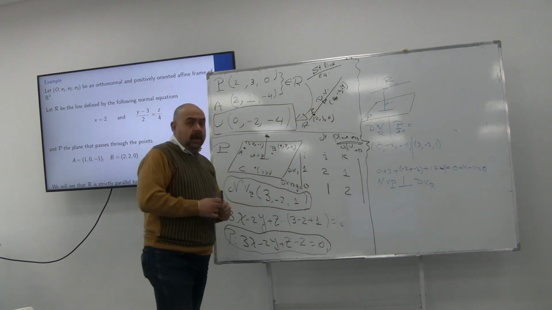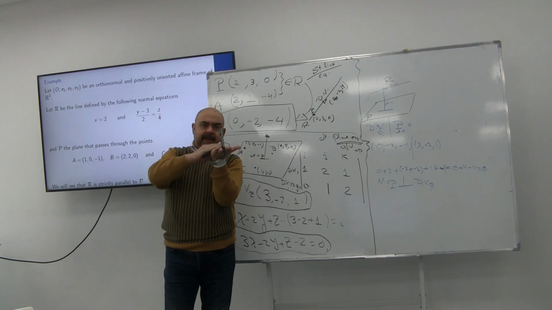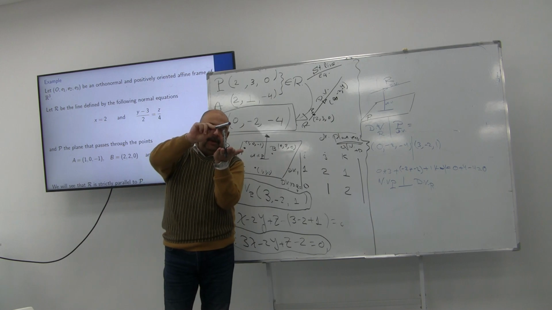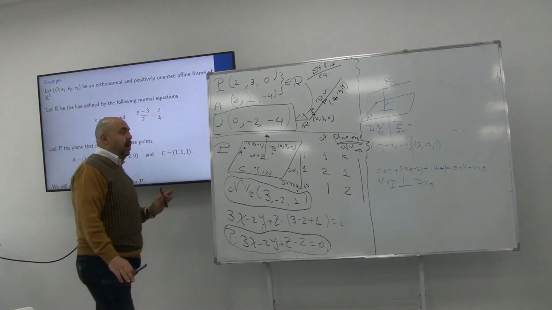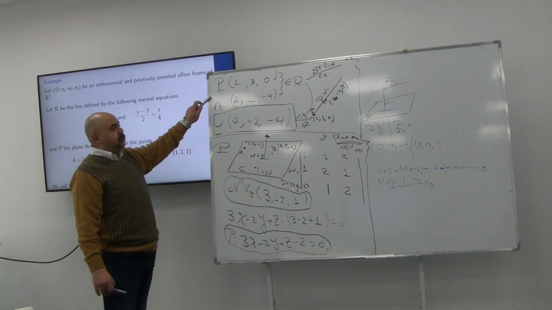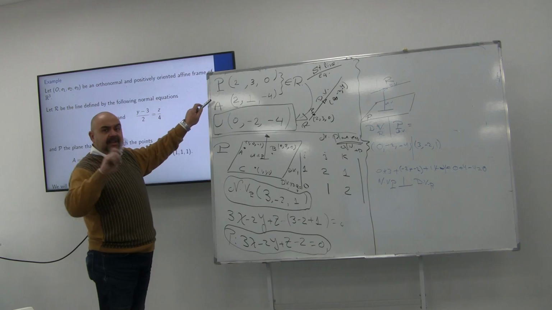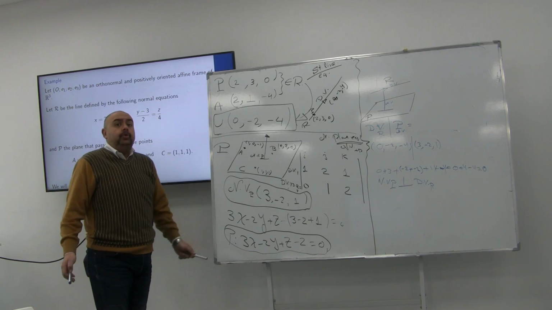So now I'm sure that the normal vector of this plane is perpendicular on the direction ratio of the straight line. In order to be sure that they are strictly parallel, all I have to do is to take a point from the straight line and to show that it doesn't belong to the plane. How to do it?